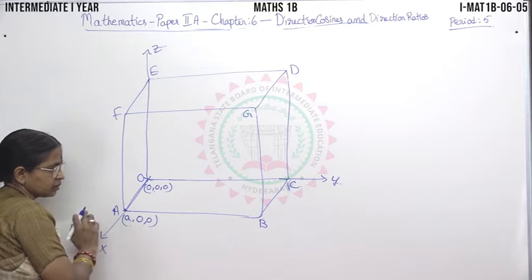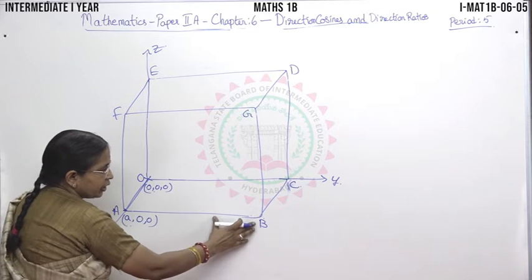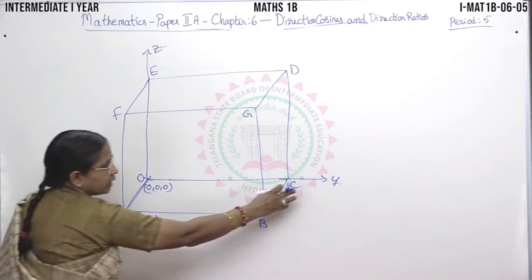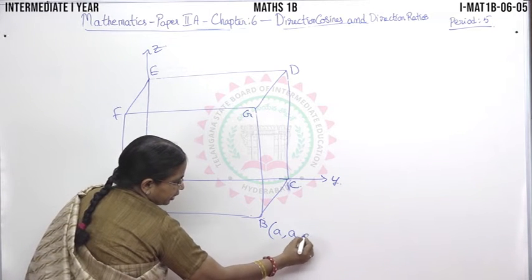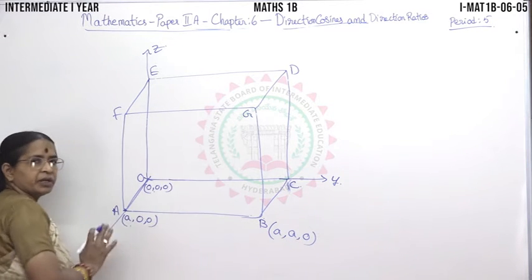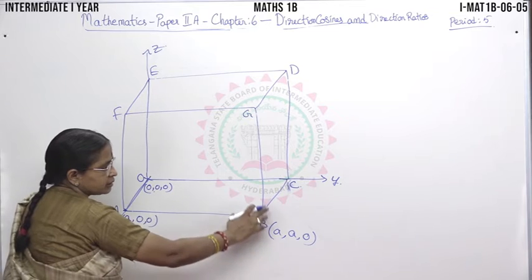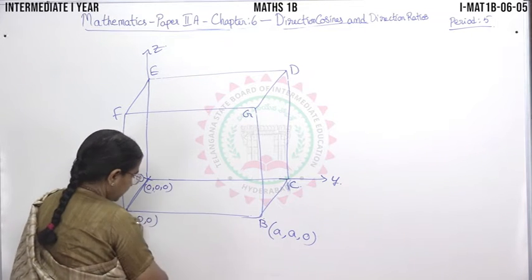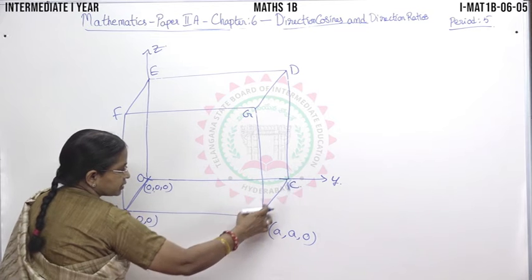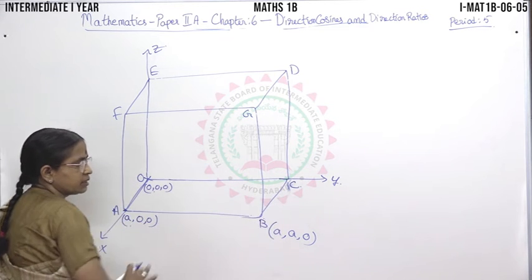A is (a, 0, 0). Now where is this point B? B is in the XY plane. So X coordinate and Y coordinate will be there, Z coordinate is 0. Because all sides are equal, X distance is a, Y distance is also a, Z distance is 0.